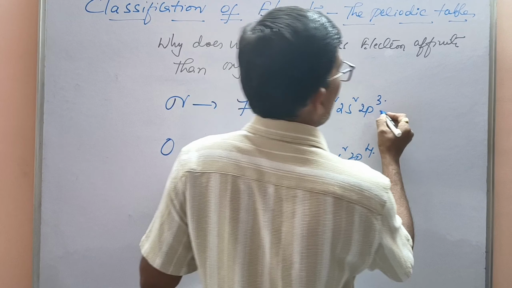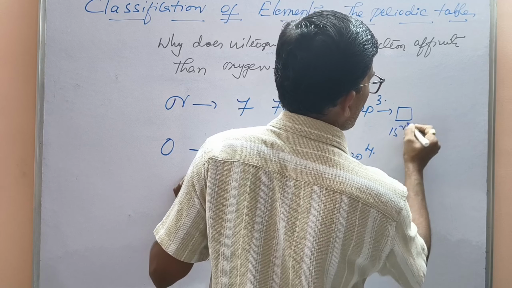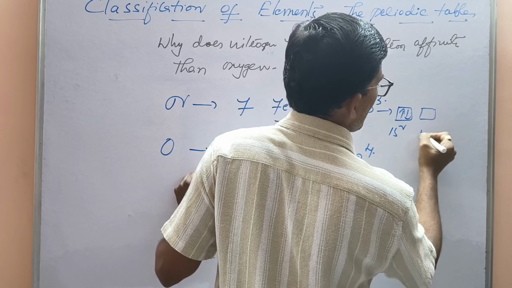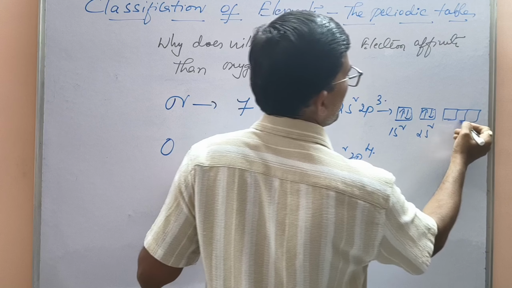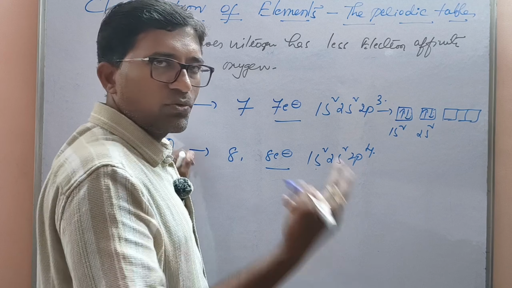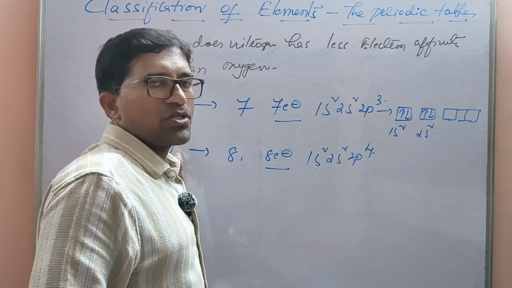Now if I write the orbital level configuration for nitrogen: 1s2, 2 electrons, and 2s2, 2 electrons, and 2p, as I explained in my previous session related to atomic structure. The p subshell has 3 degenerate orbitals: 2px, 2py, 2pz.